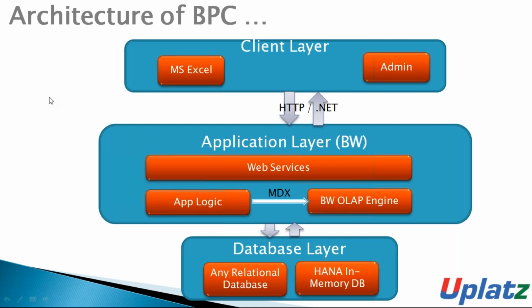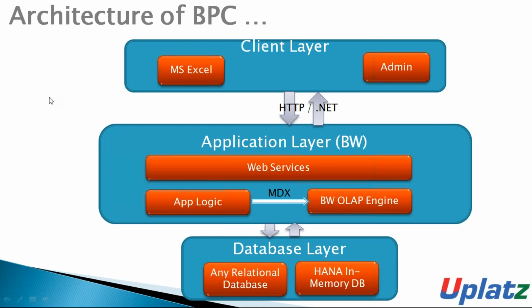And the bottom layer is the database layer, where all this data from BPC and from BW will get stored. On the database layer, till 10.0 or 10.1 classic version, which is currently covered in the course, we can use any kind of database, including HANA.